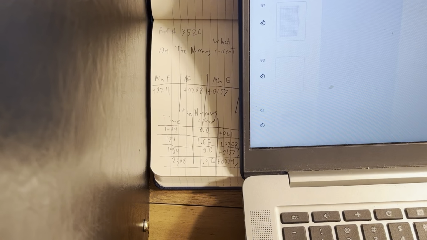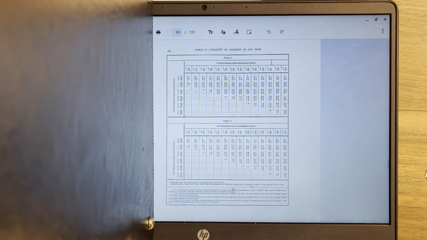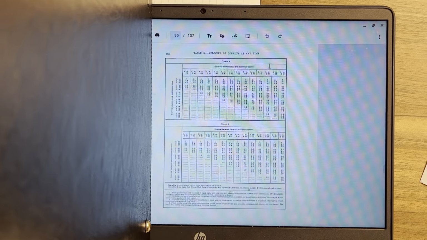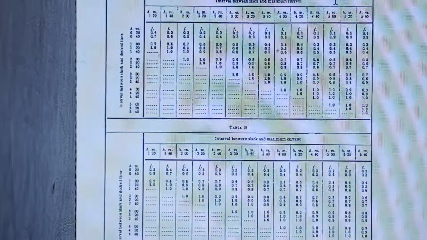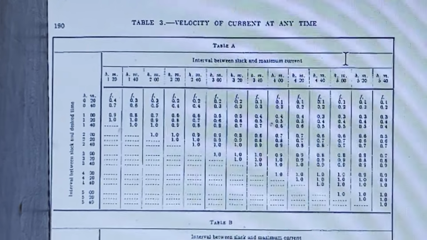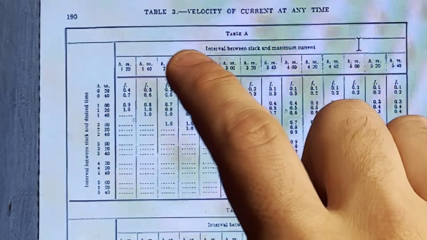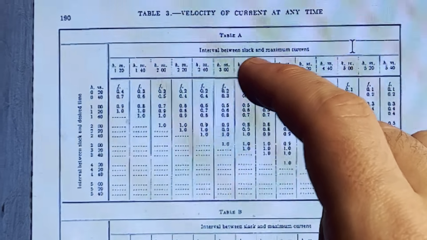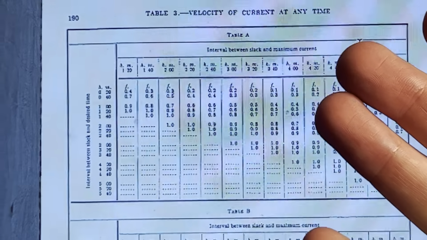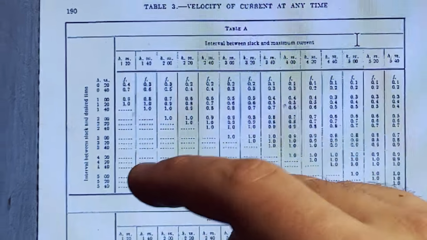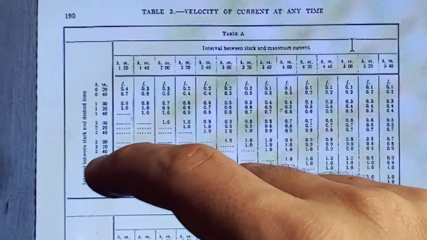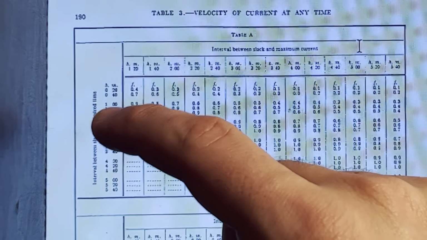Okay, here we go. So you can see. Oh, we actually only need the 2. Never mind. So I was wrong. The only 2 factors we need are the interval in time between slack and maximum, so the duration of time, just like in the tide problem, and then the interval between slack and desired time.